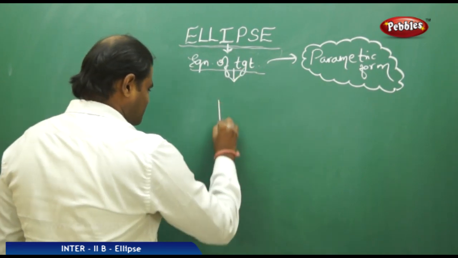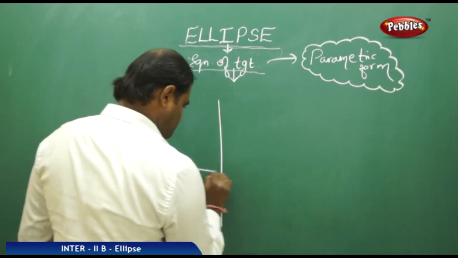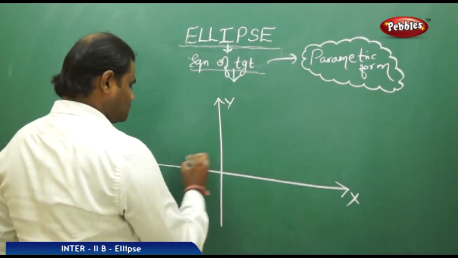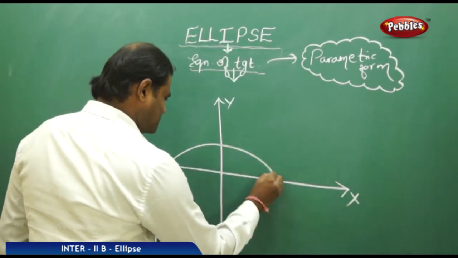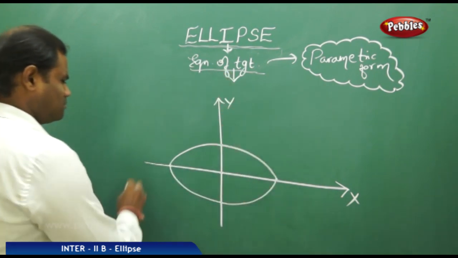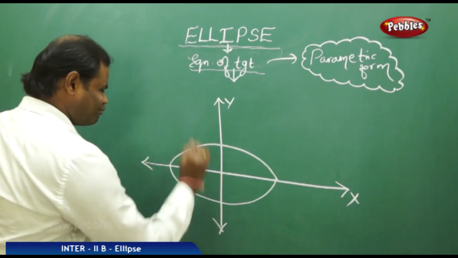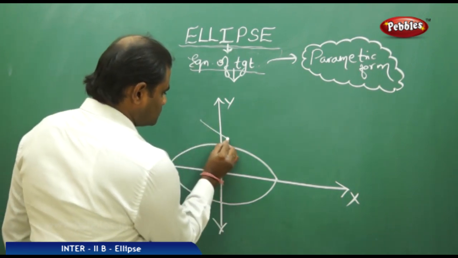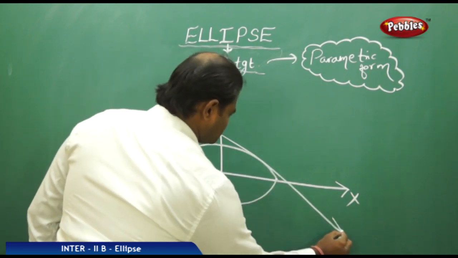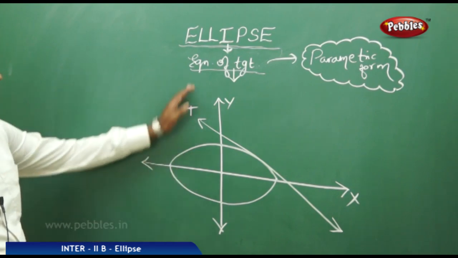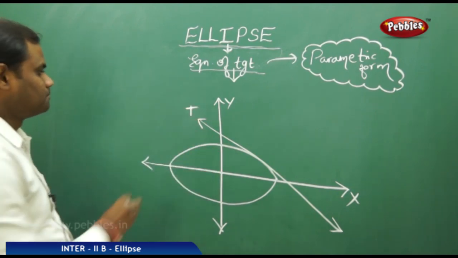So let's take the tangent and its ellipse in standard form. So I have my ellipse out here, and let me have the tangent out here. So this is the tangent T which touches the ellipse.